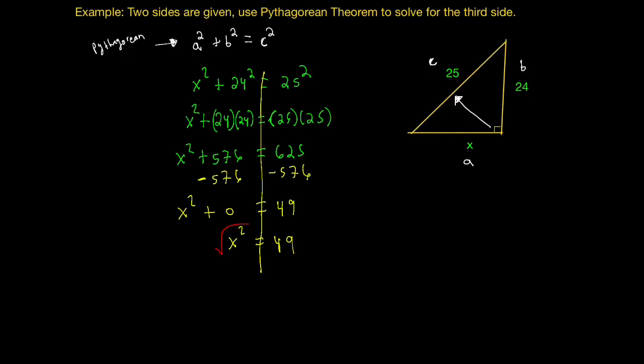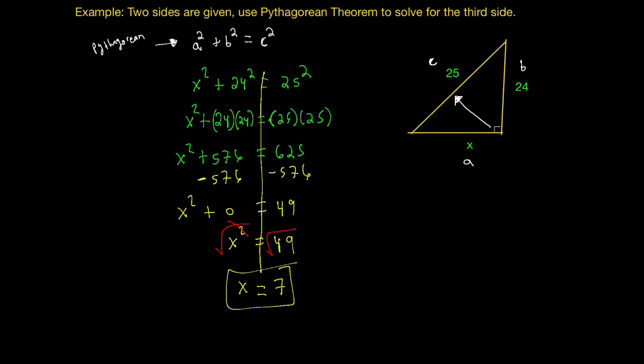But whatever we do on the left-hand side, we're going to have to do it on the right-hand side. So that 49 gets square rooted as well. The square root and the square are inverses, so they cancel out. We get x equal to the square root of 49. And again, feel free to use a calculator if you need it, but the result is going to be 7.